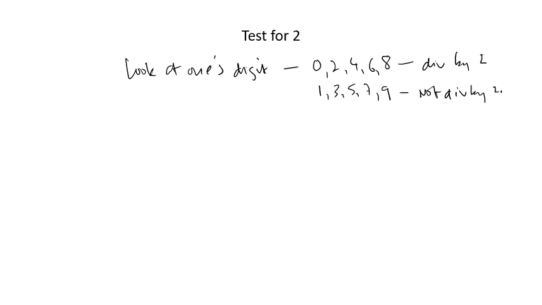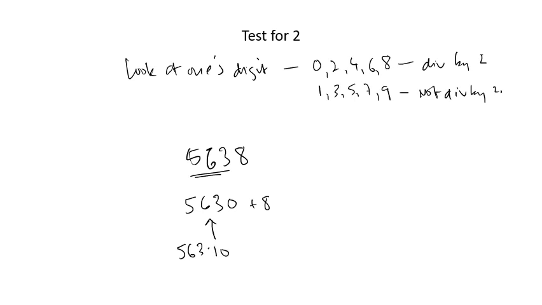The reason being, if I take a number, 5638, all of this, 563, is 5630. So we know it's a multiple of 10. Since this is a multiple of 10, we know it has to be divisible by 2. This is 563 times 10, which is 563 times 5 times 2.